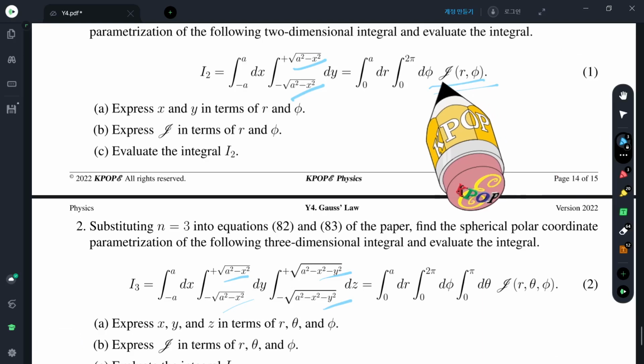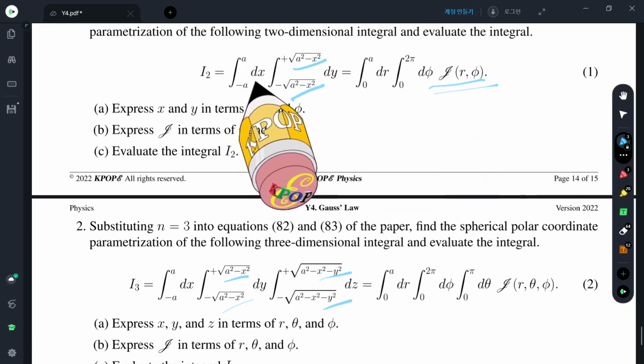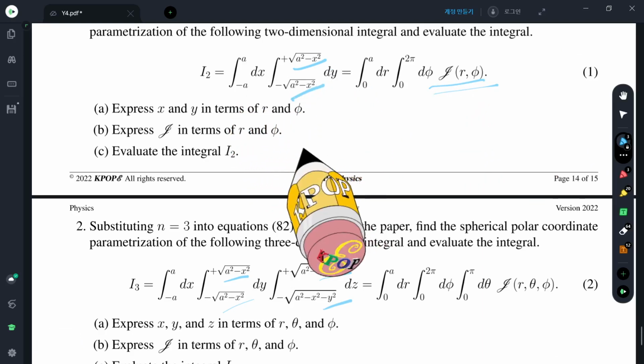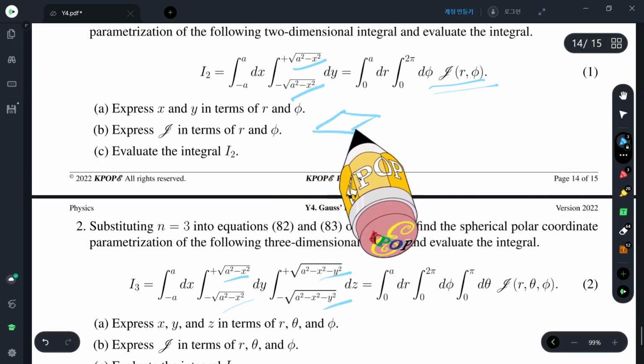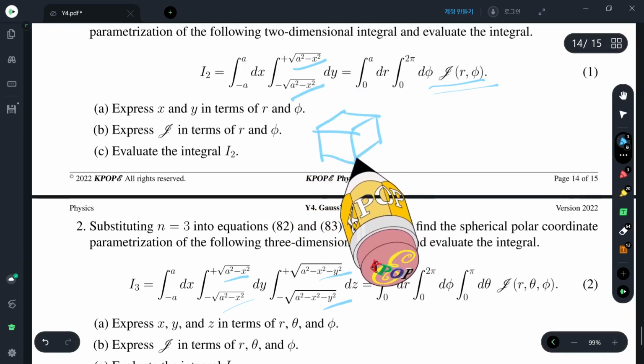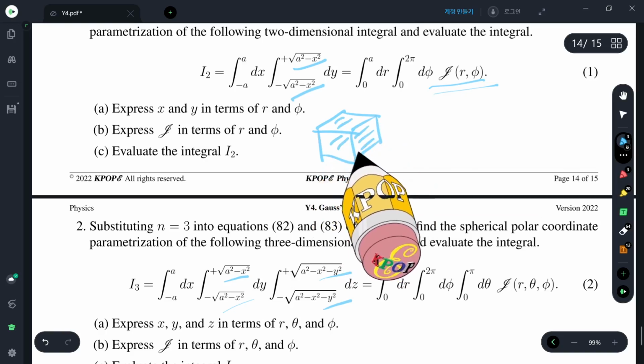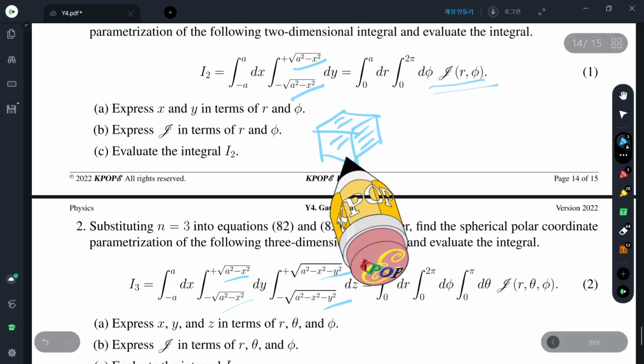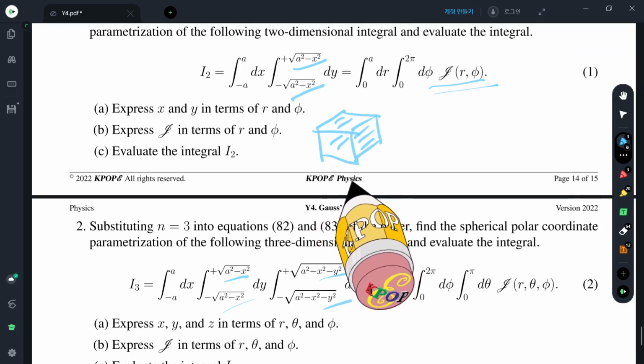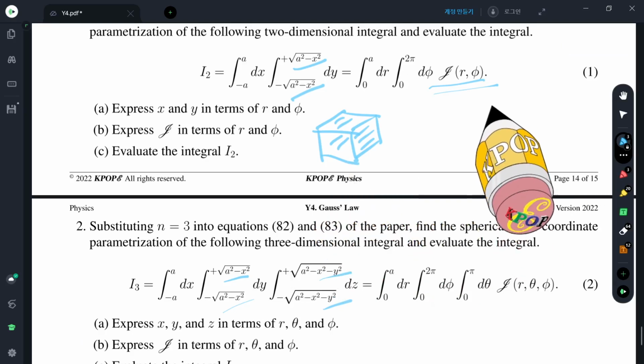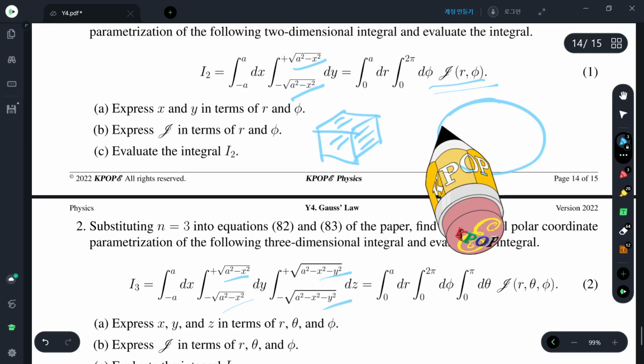The Jacobian makes the volume expressed in a single coordinate system. For example, the Cartesian coordinate system is very convenient to express the volume of a cube. However, it is inconvenient to parameterize the volume of a sphere or a disk.